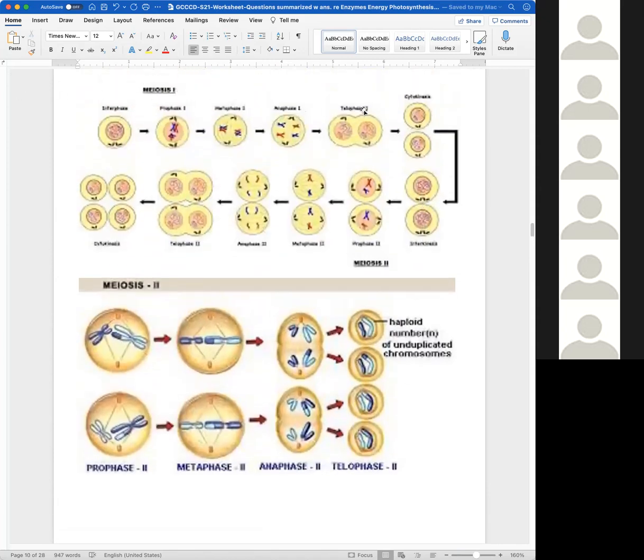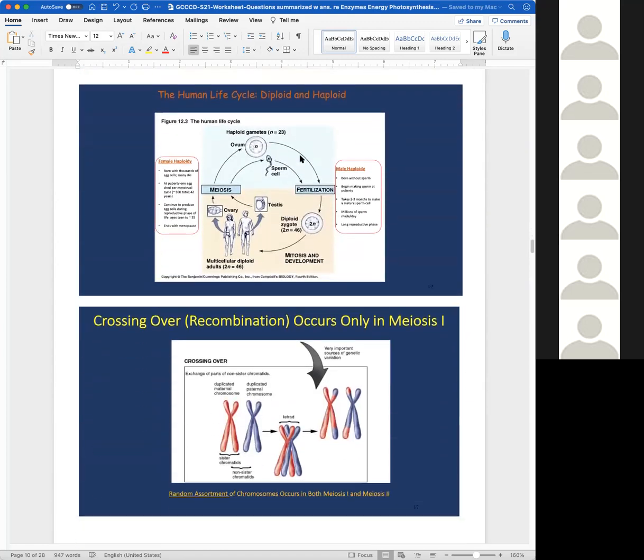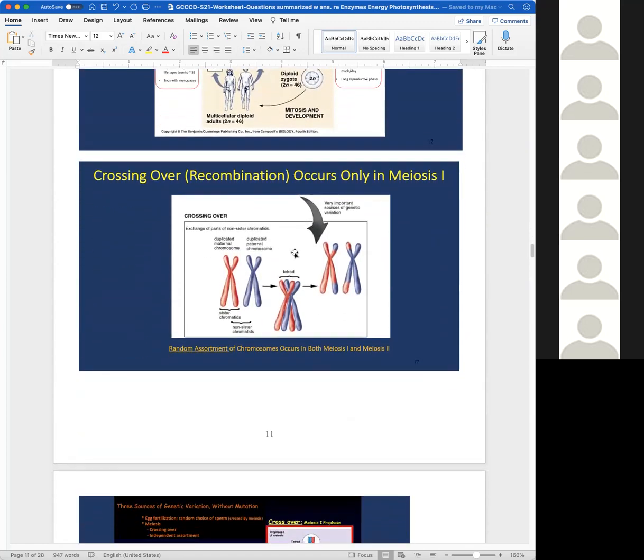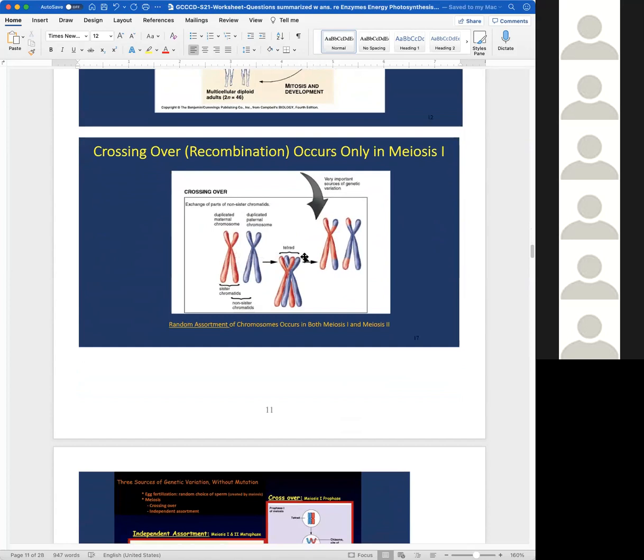So that would be here. And it happens when the sister chromatids, or the chromosomes, come together very tightly and they exchange parts so that you end up with recombinant chromosomes.